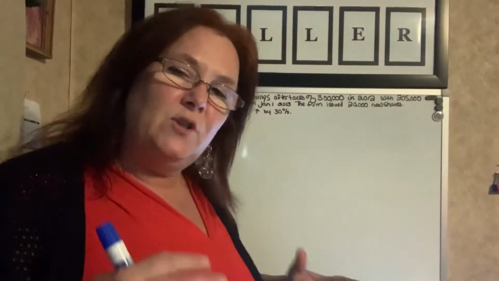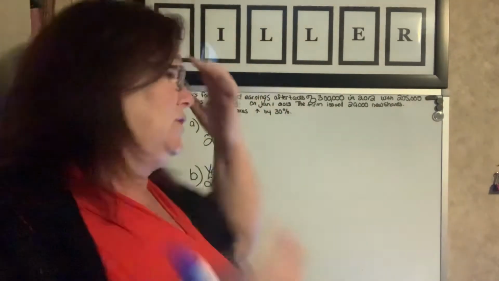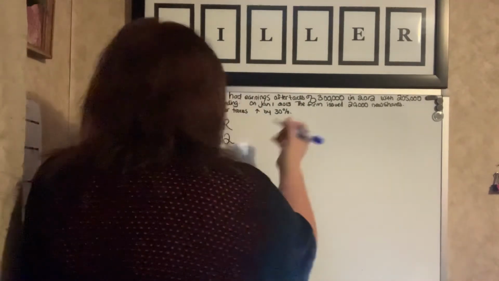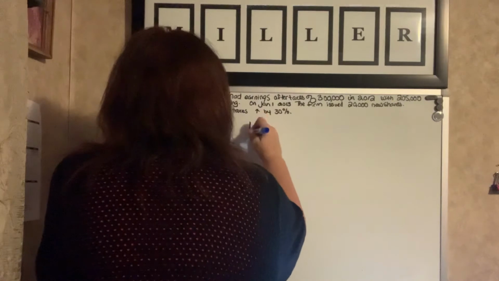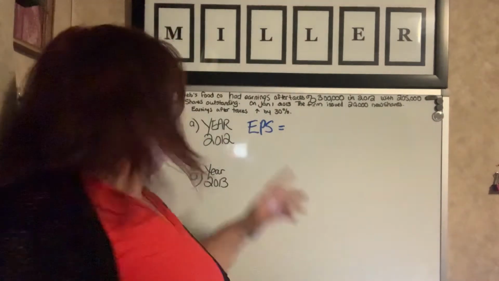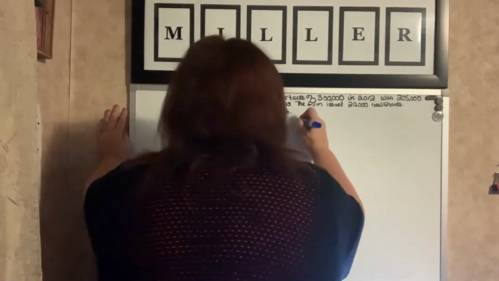So if we look at all these numbers, after you're done reading, you might say, oh my gosh, what the heck do I do with these numbers? Our very first calculation here is what we call earnings per share. So in order to get our earnings per share information, that is simply our earnings after taxes divided by our shares outstanding.